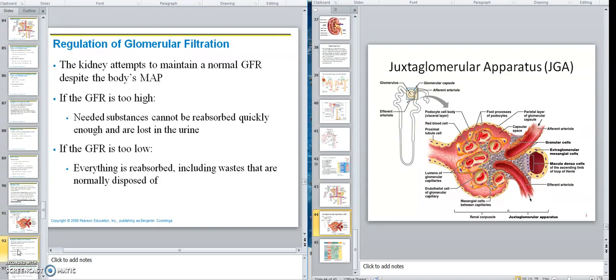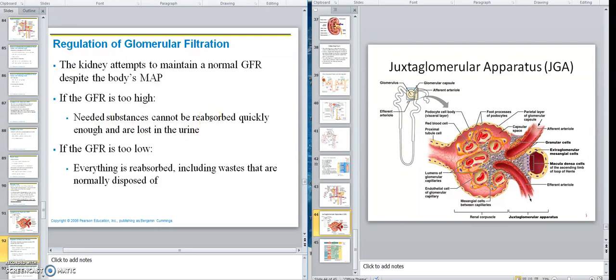So there had to be some internal mechanisms within the kidney to try to maintain a GFR despite fluctuations in the blood pressure. Okay? Now, if the GFR is too high, let's say your blood pressure is too high or there's too much flow, then needed substances cannot be absorbed quickly enough. I kind of brought that up before, because it would be traveling too fast.